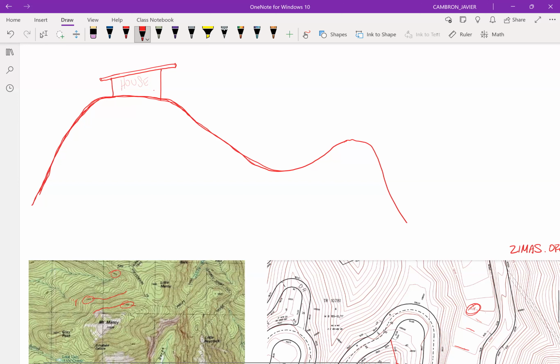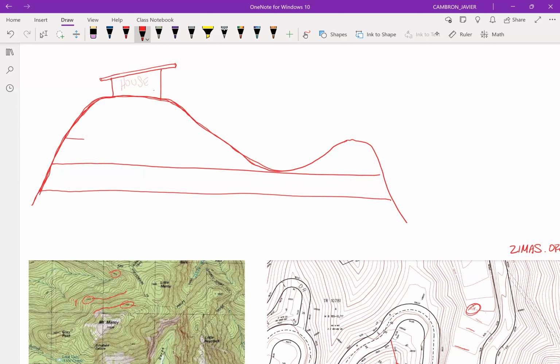So the first thing we would do is think of contours as cuts through the hill, broken up at, let's say, every 5 feet. We would cut the land in 5-foot increments.